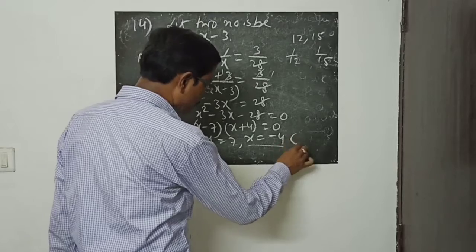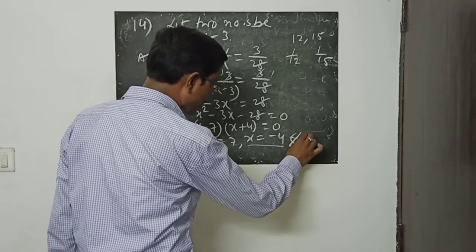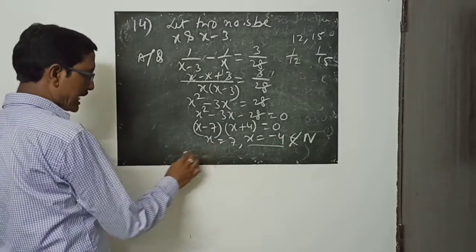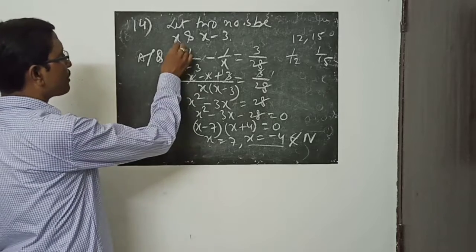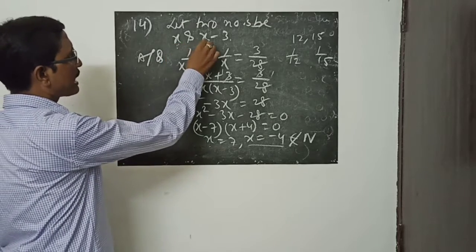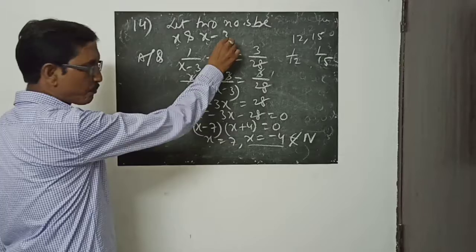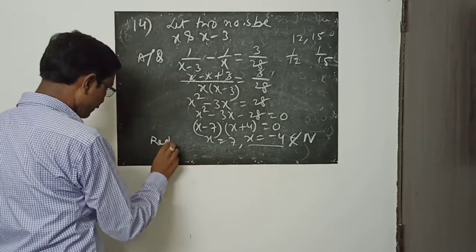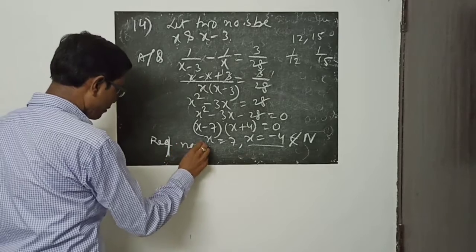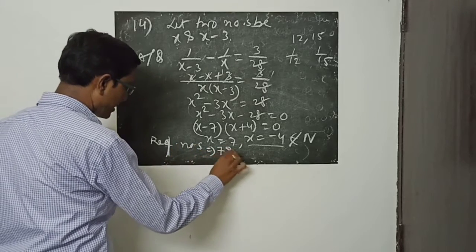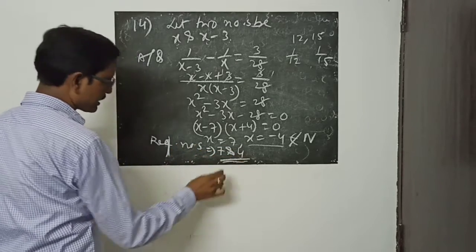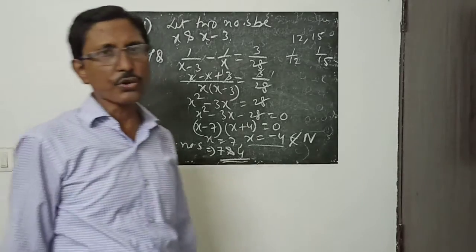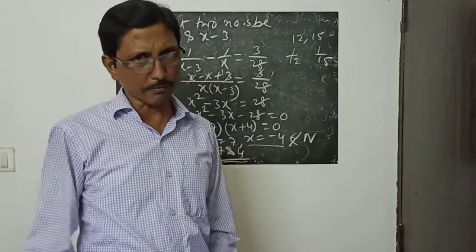Since that does not belong to the natural numbers, the required number will be 7 and 7 minus 3, that means 4. Therefore the required numbers are 7 and 4. So in this way we can do this type of problem.